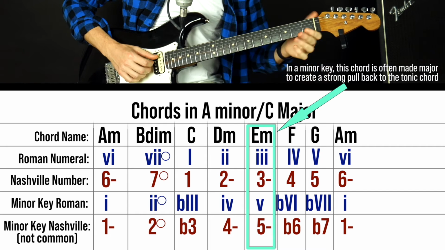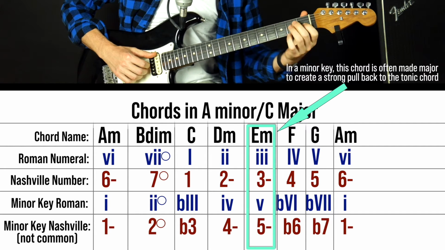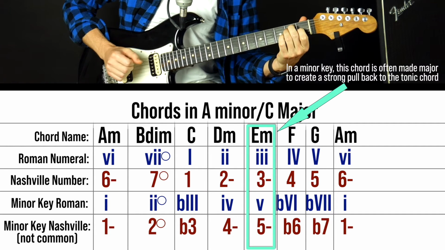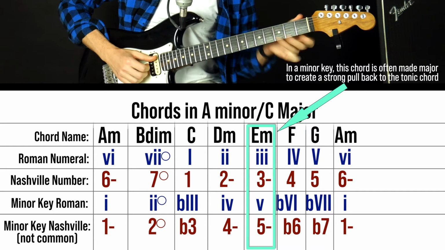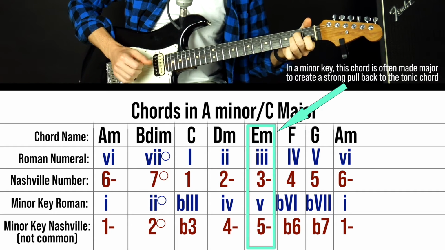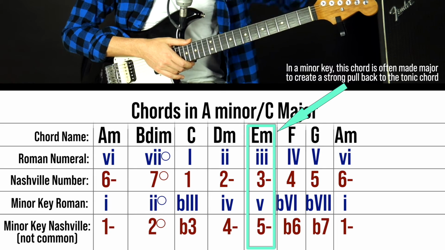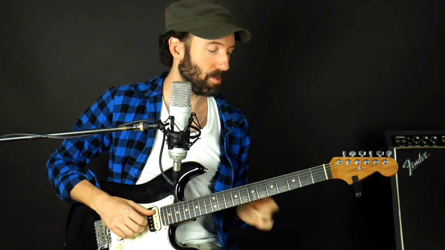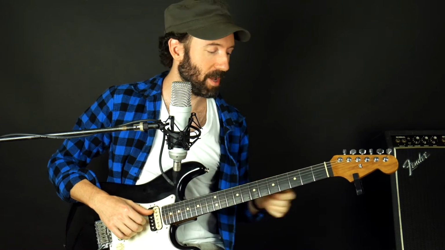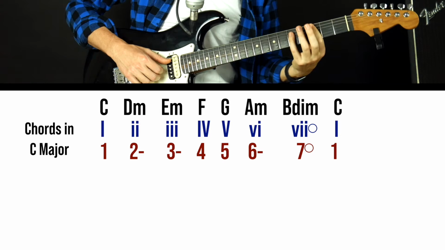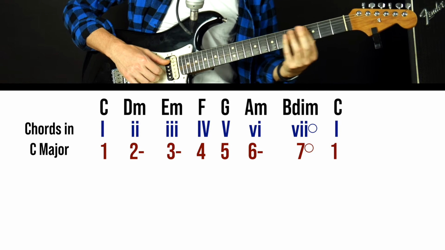Now if we were thinking of the chords in terms of the relative major, this would be the 3 chord, 3 major, right? C, D, E, 3 major. Now that was doing it with the relative major and minor, A minor and C. Let's look at it if it was just the parallel major and minor. So C major, C minor. So C major, 1, 4, 5 are going to be major, 2, 3, 6 minor, 7 diminished.